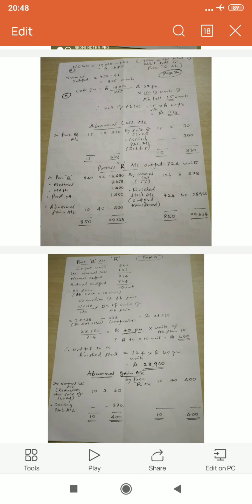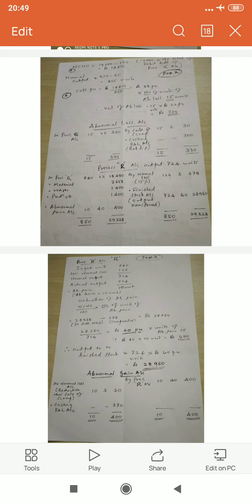Now, in this problem, you have been asked to prepare either abnormal loss or abnormal gain. Under process Q, abnormal loss, whereas under process R, there is abnormal gain. When there is abnormal gain, what about the journal entry? Process R account debtor to abnormal gain account.